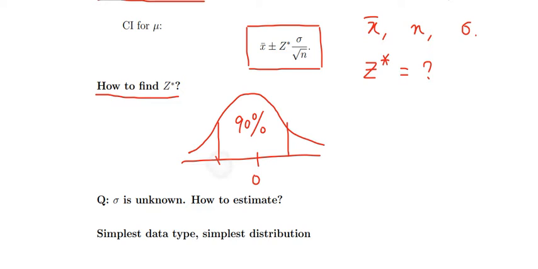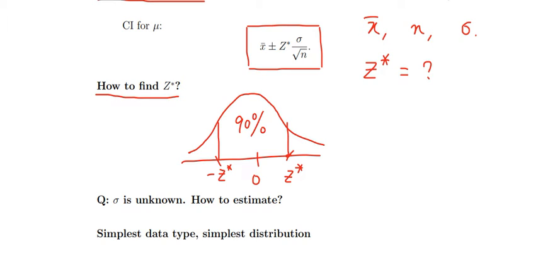Then this cutoff point is z star. We find the cutoff point such that from negative z star to positive z star, the percentage is 90%. Once we understand this, we can check the z table.